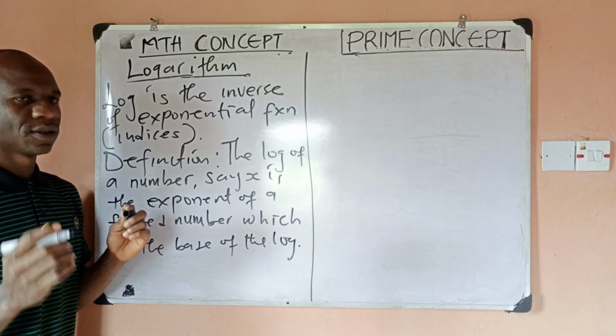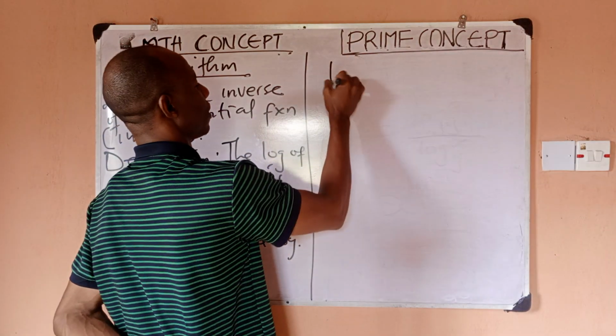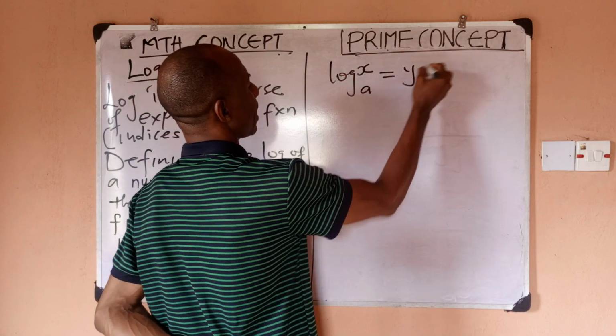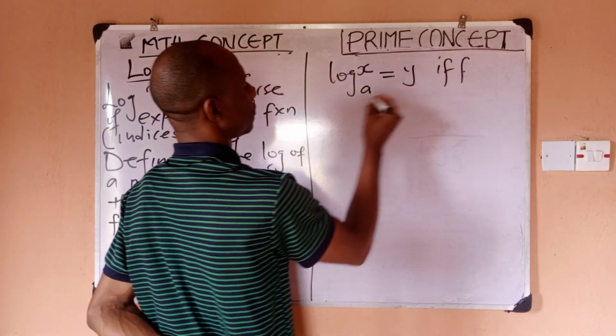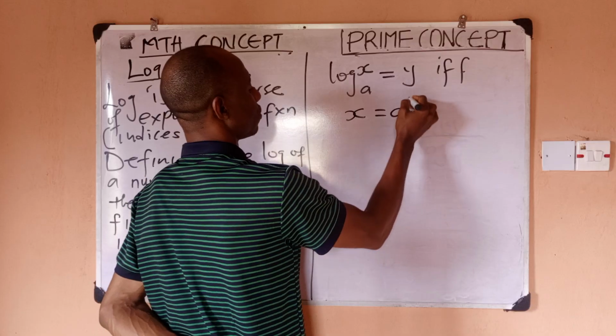That is to say, the mathematical definition is log of x to base a is equal to y if and only if x is equal to a to power y.